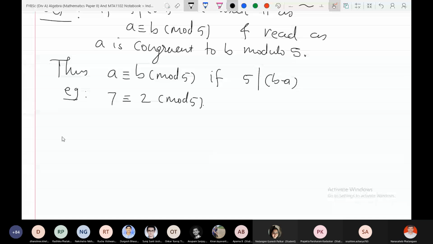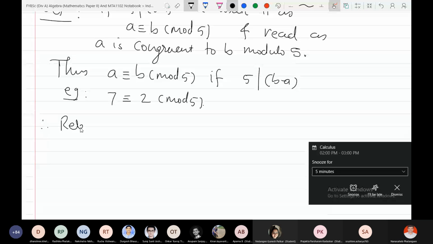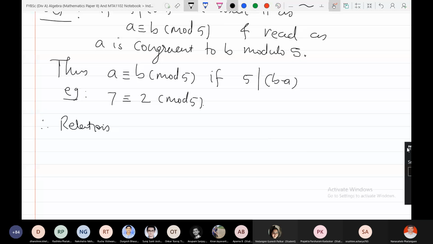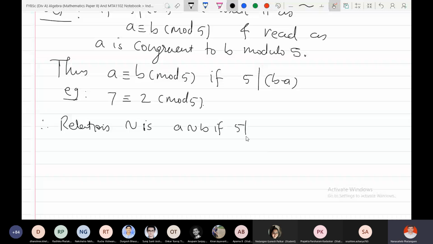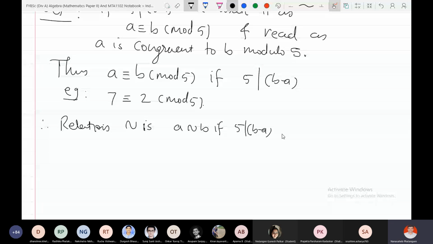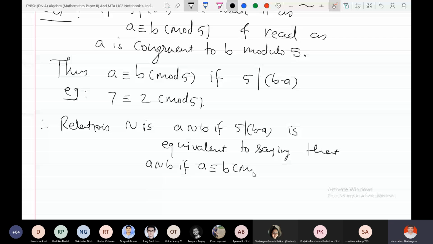And now, therefore, our relation, how did we define the relation tilde? a is related to b if 5 divides b minus a, which is equivalent to saying that a is related to b if a is congruent to b modulo 5.